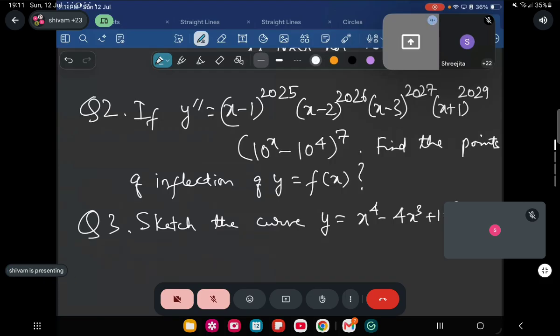Correct. Correct. Correct. Let me see. Yes, Shrita right answer. Dashashwari right answer. Rishabh right answer. Adrija right answer. Swapnil, your answer is correct. Okay, let me start.